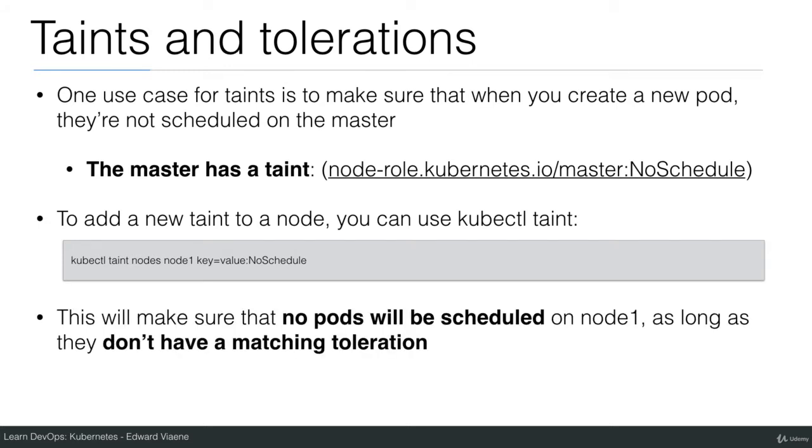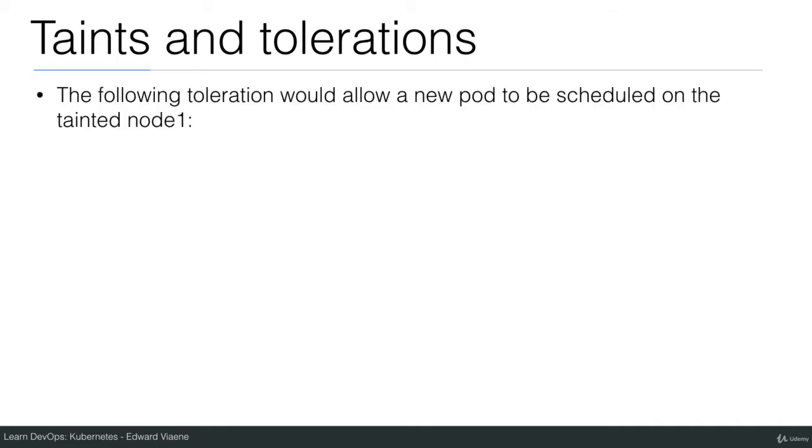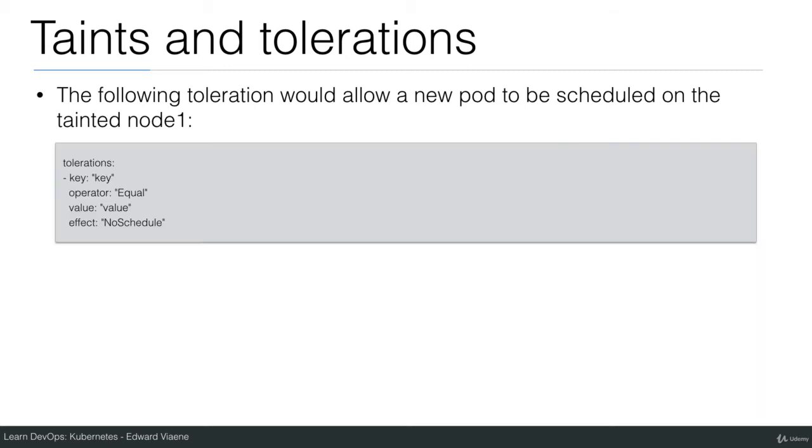This will make sure that no pods will be scheduled on node1 as long as they don't have a matching toleration. The toleration needs to match this key=value. The following toleration would allow a new pod to be scheduled on the tainted node1. This toleration you add to the pod specification. It has the key, the operator Equal, the value, and the effect NoSchedule.